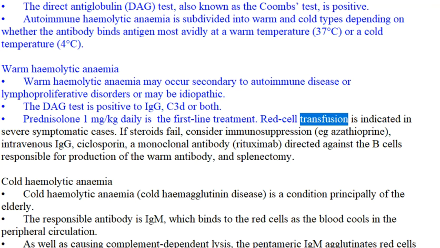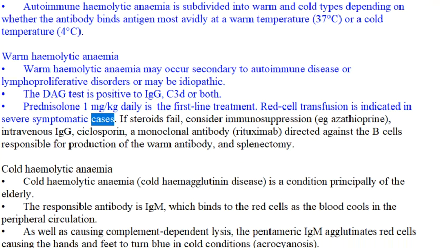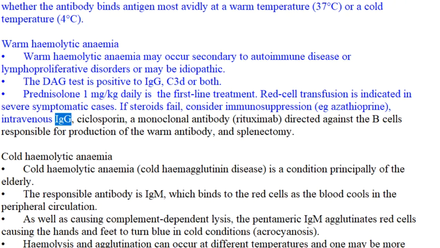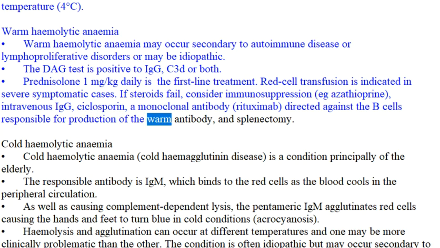Red cell transfusion is indicated in severe symptomatic cases. If steroids fail, consider immunosuppression, e.g. azathioprine, intravenous IgG, cyclosporin, a monoclonal antibody, rituximab, directed against the B cells responsible for production of the warm antibody, and splenectomy.